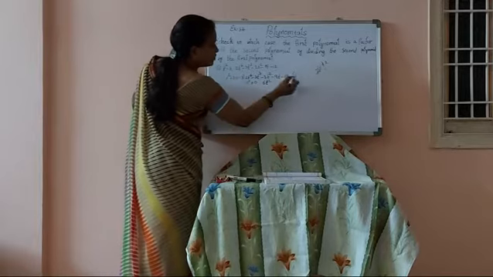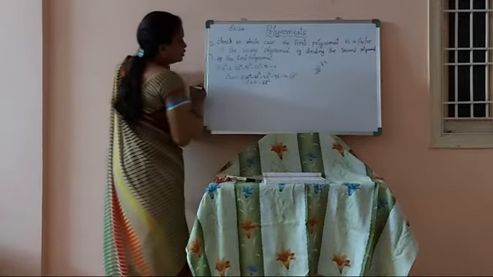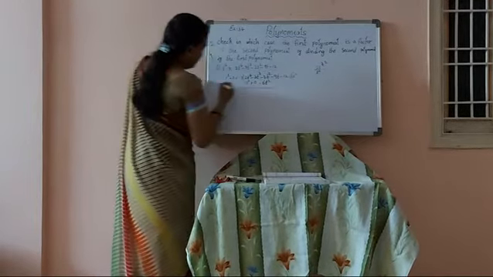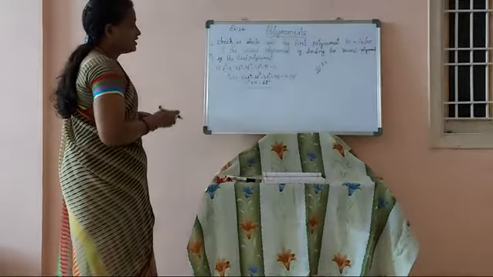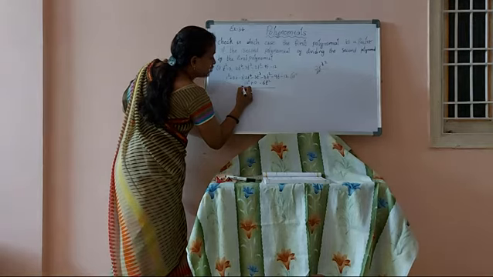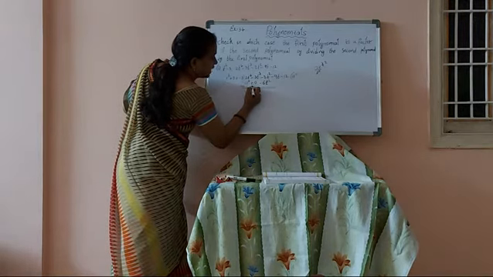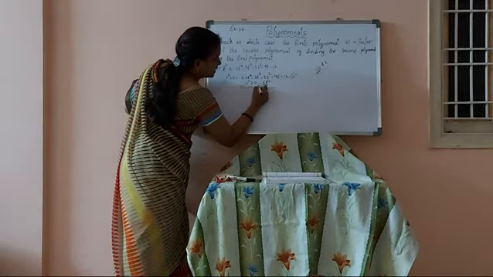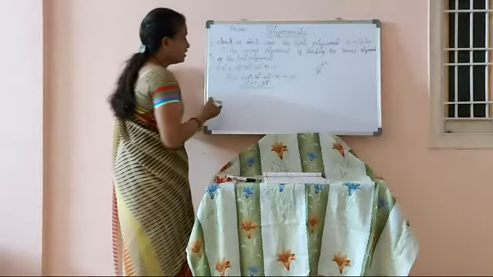Here minus into plus is minus only. After multiplying, you have to change the symbols: here plus, so minus; here minus, so plus. Keep the opposite symbols.